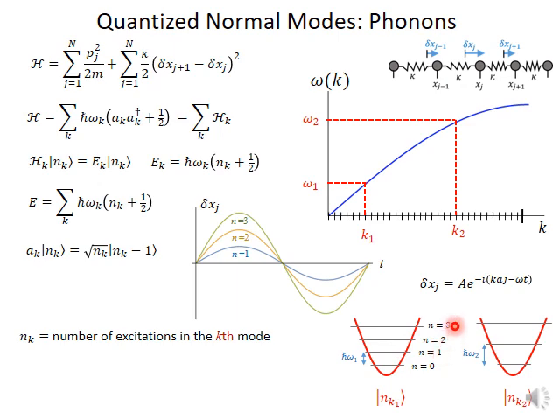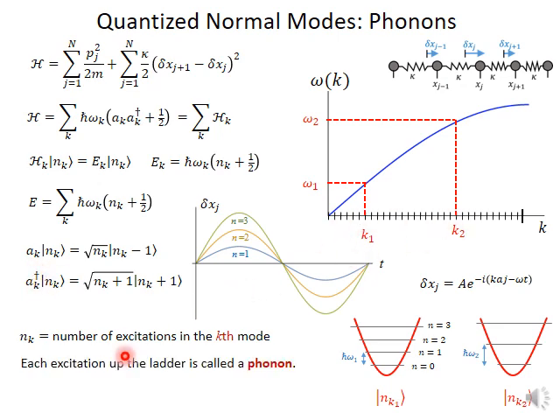So if you start with n equals 3 and apply this lowering operator on this eigenstate for this particular k mode, you get n equals 2. And a raising operator would raise it from, let's say, n equals 2 to n equals 3 for that particular mode. So the raising and lowering operators come with an index, because these correspond to a particular mode.